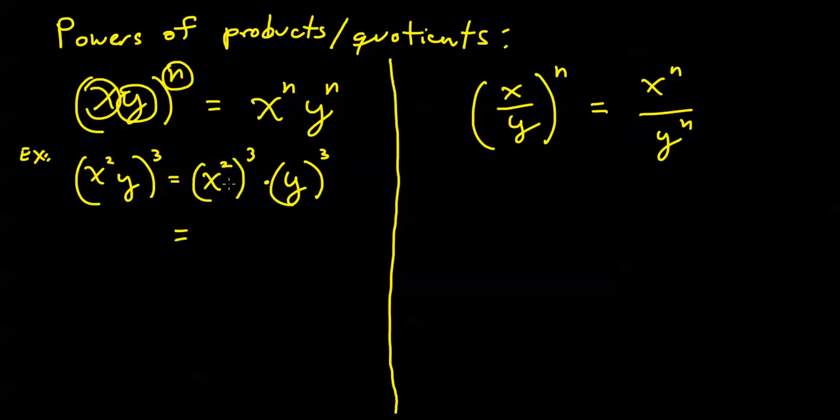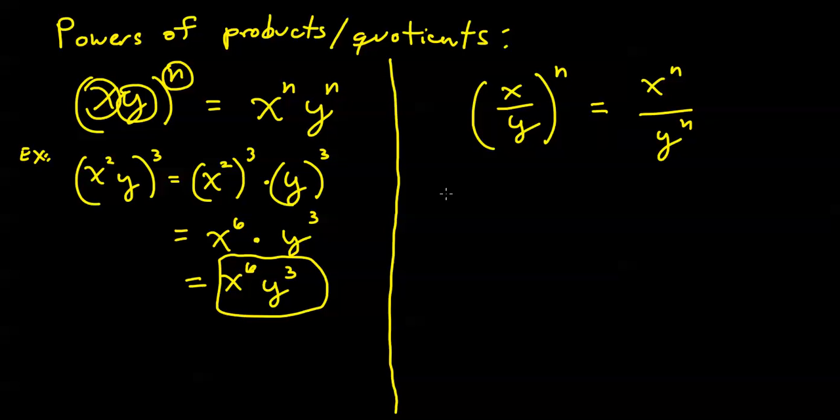And now my power of a power rule, or power rule for exponents, tells me x squared cubed is going to be x to the 6th power, multiplying those exponents. And of course y to the 3rd power is just y cubed. So my final answer here would be x to the 6th power times y cubed.